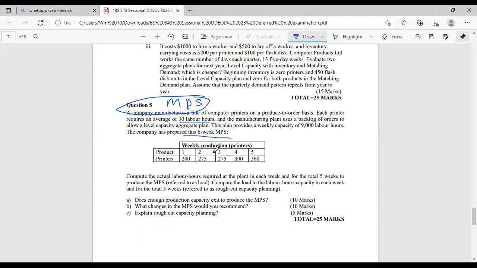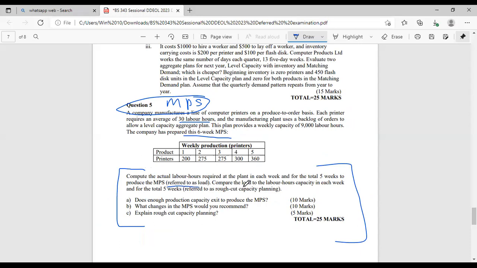Compute the actual labor hours required at the plant in each week and for the total 5 weeks to produce the master schedule, which is the MPS, which is referred to as the load.